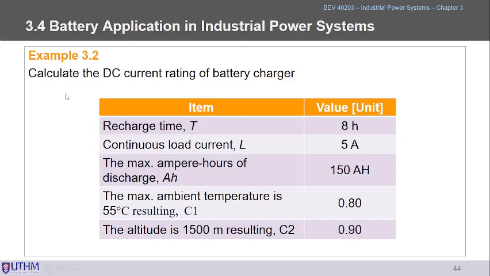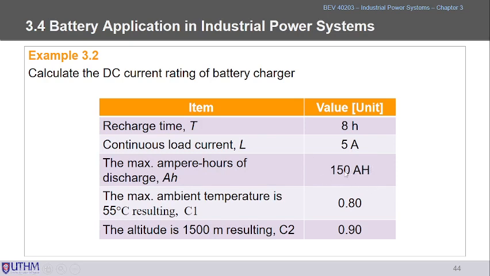So we look at example 3.2. Calculate the DC current rating for the battery charger. This is a very simple calculation. We need to find what A is, just now. The recharge time required is 8 hours for this battery. The continuous load current is 5 ampere. The maximum ampere hours of discharge, we only need to discharge 150 ampere hour.